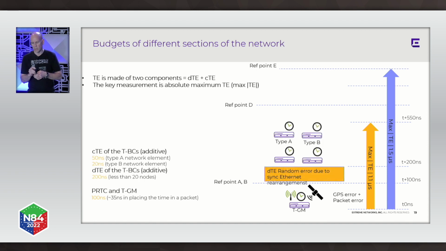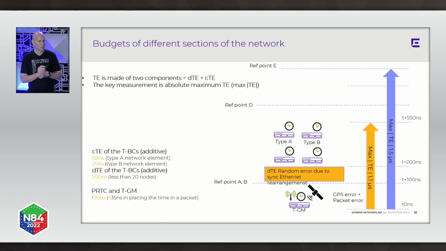Then you go into your network part, which is based on the DTE and the CTE. The dynamic comes from random error due to sync Ethernet, for instance. And the constant is based on your network elements, your switches.